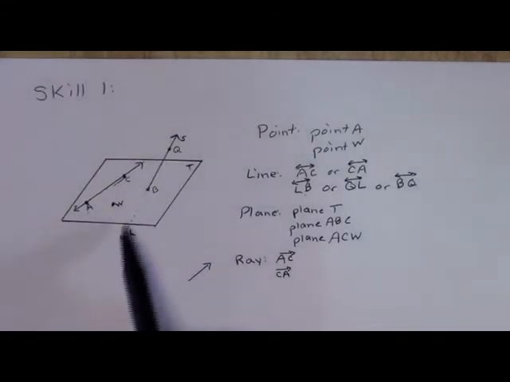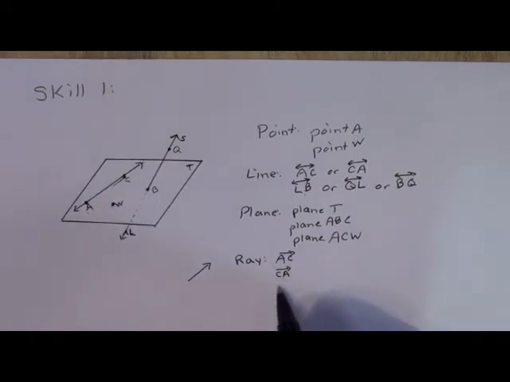We could also use this line over here, line QB, to name some rays. So we could have ray QL or BQ, lots of choices there. And you're good as long as you pick 2 points on the line and you put your ray symbol on top of the letters.